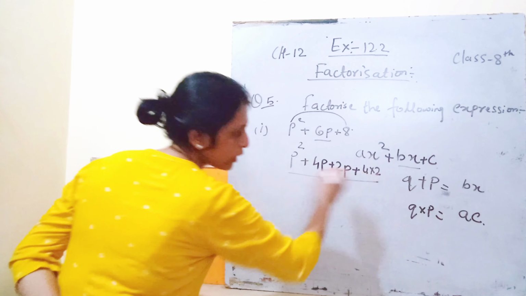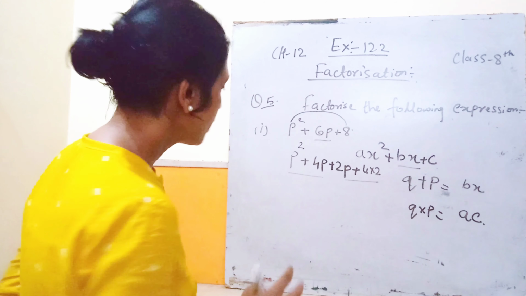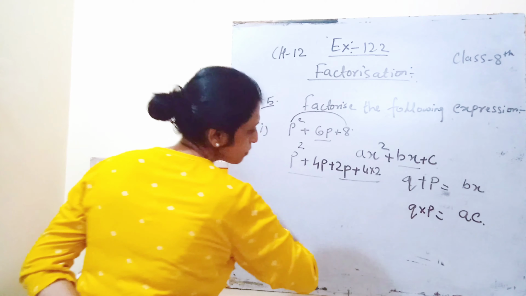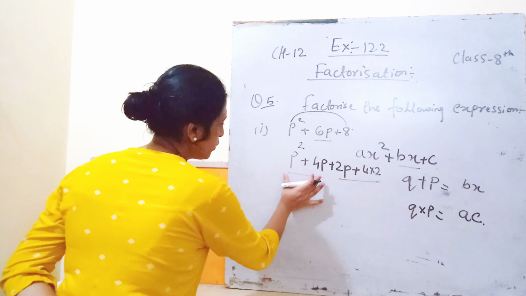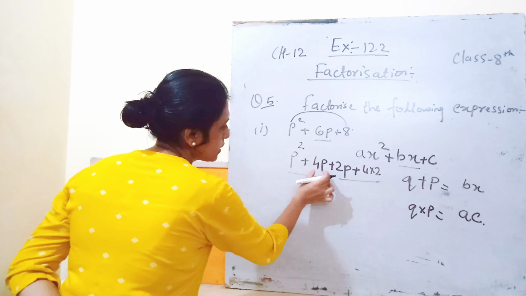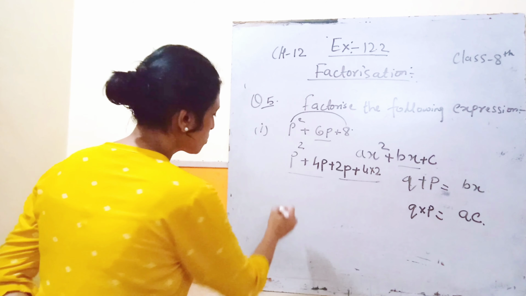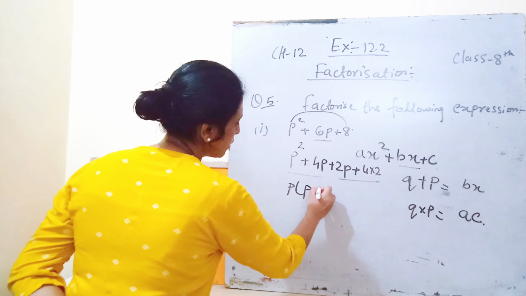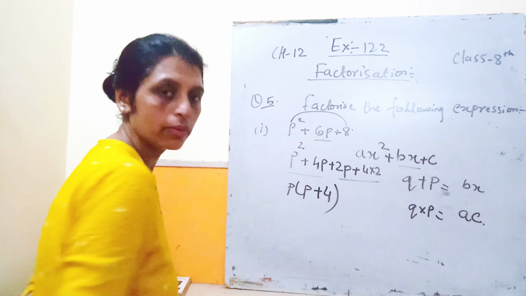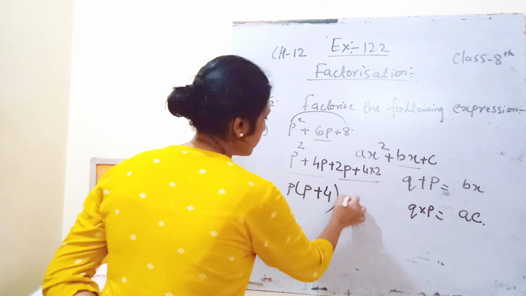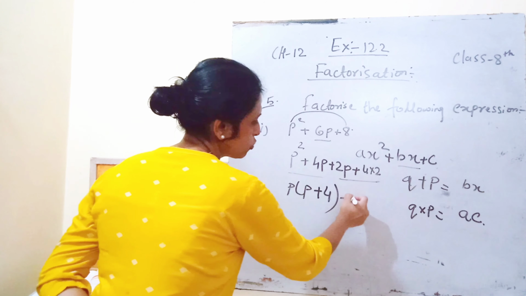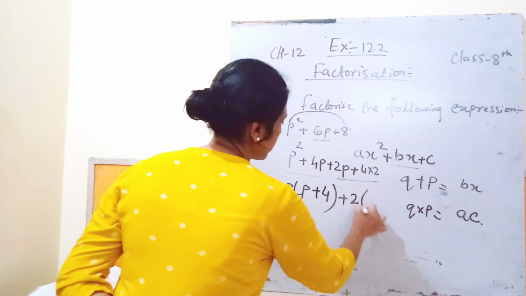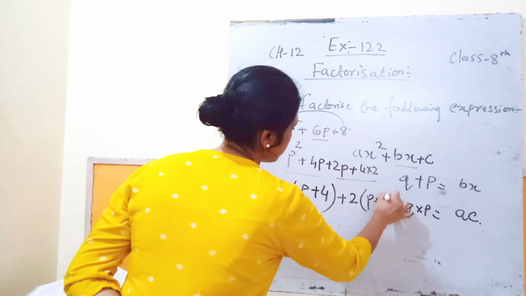Now we got 4 terms. Now we will make 2 pairs, containing 2 terms each. Here in the first term it is p square, and in the second term it is 4p, so at least one p can be taken as common, and we are left with p plus 4. Similarly in this, only 2 is common, so we will take 2 as common and we are left with p plus 4.